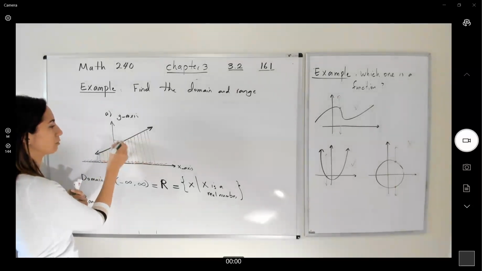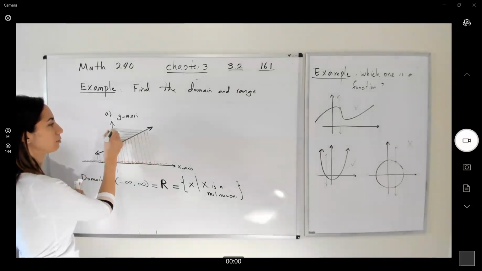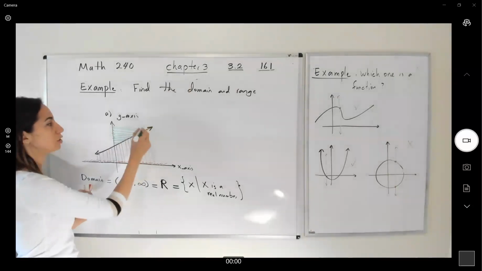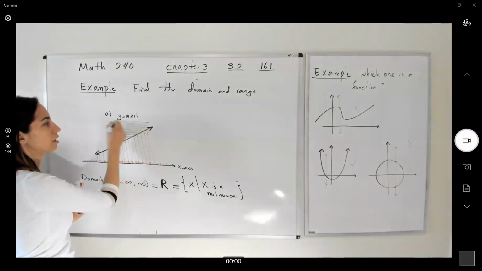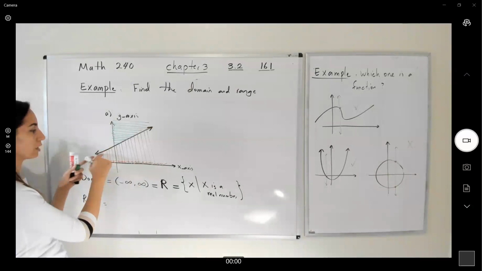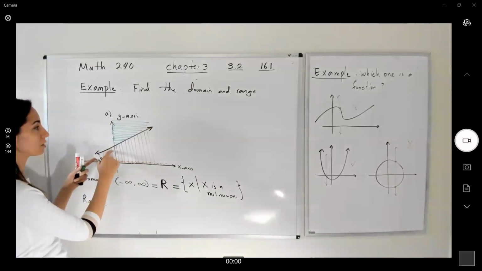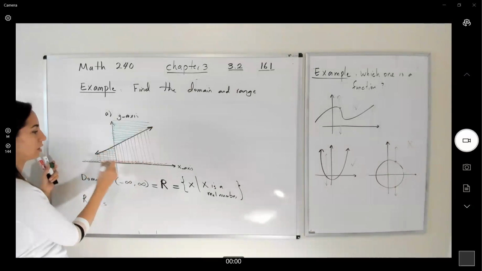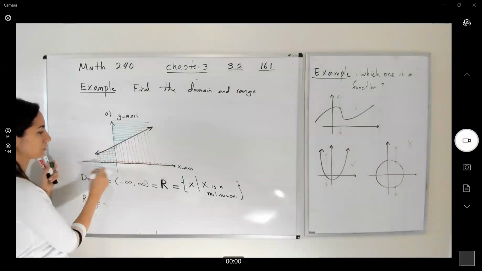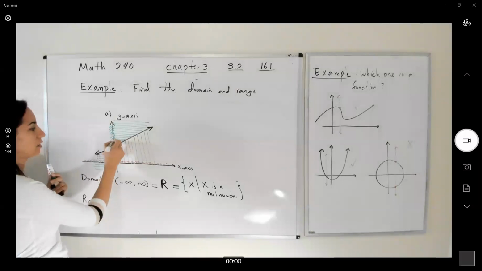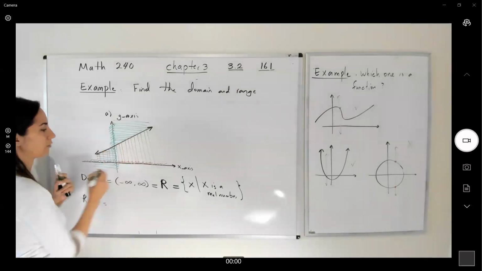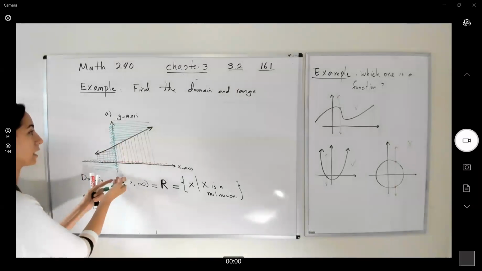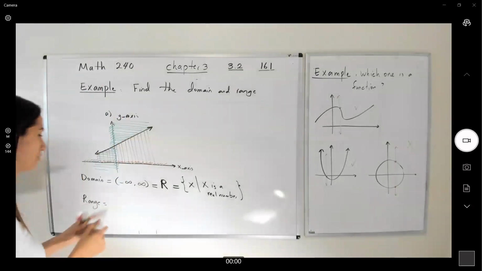So I'm projecting my line onto the y-axis to find my range. This line continues, so I have to continue projecting the rest of it on the y-axis. For the part on the left-hand side of the y-axis, if I project it on the y-axis, and since it continues, this projection continues. If you shade the y-axis, you find your range, which is again negative infinity to positive infinity.